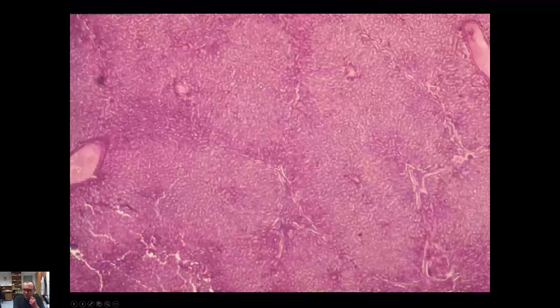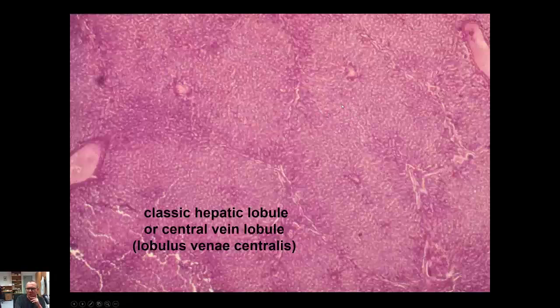And now I'll try to show the lobules of liver. This is a picture showing a liver in not so excellent quality. Nevertheless, I am using this picture to show the lobule here.